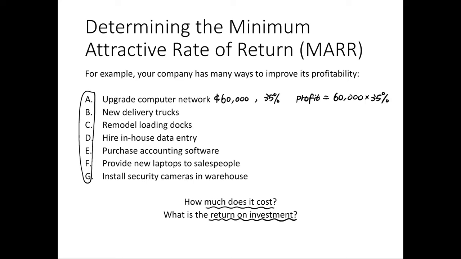So imagine that you know this information for every single project. Okay, I won't write all of them down here to save some time, but you can imagine as a company, you should know all the cost and the return and the profit for each proposal. Okay, and then the next question is, you don't have that much money now.